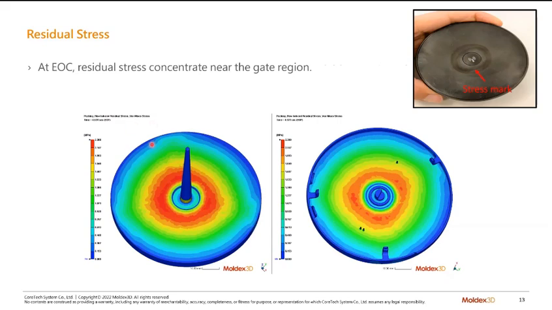They can see that there's a high residual stress on the bottom and the top of the cavities, and it matched the problem in reality. They think this is the stretch mark, caused by poor temperature distribution inside the cavities.